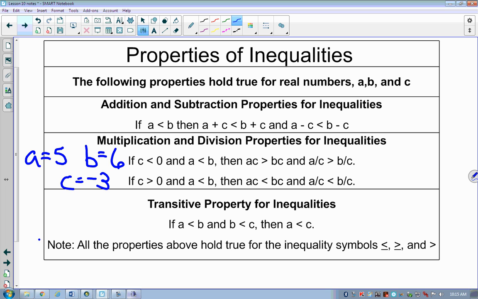Okay, multiplication, if C was greater than 0, we'll just go ahead and make that a 3, and A is less than B, then 5 times 3 is going to be less than 6 times 3, or 5/3 is going to be less than 6/3, which is 2.